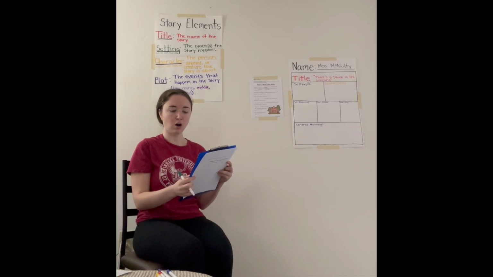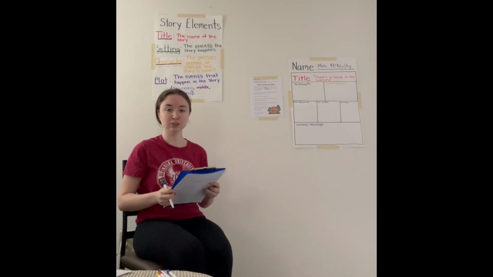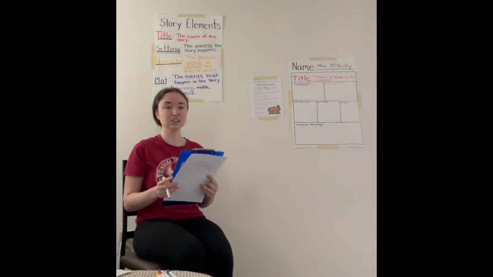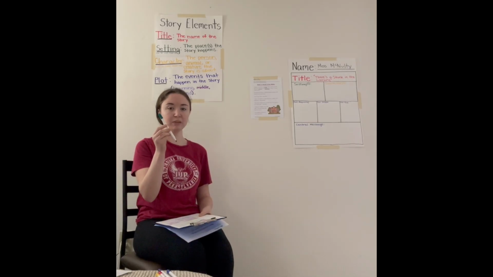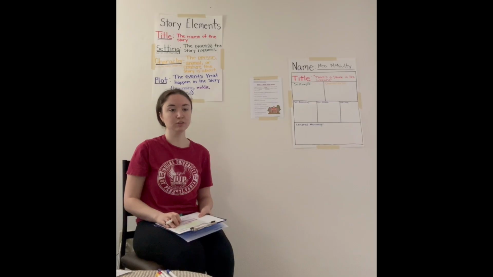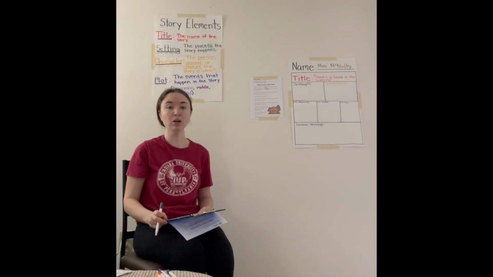I need to write the library, the hallway, and the classroom of the school, okay? I am now going to write that on my story map. I'm going to write Sam's school, library, hallway, and classroom. So watch me as I write that with my green colored pencil. You're not doing this today, but you will do it tomorrow.